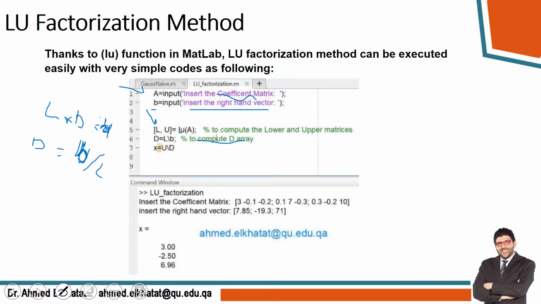So D equals L left division by B. And similarly, we can find X equal U left division by D.